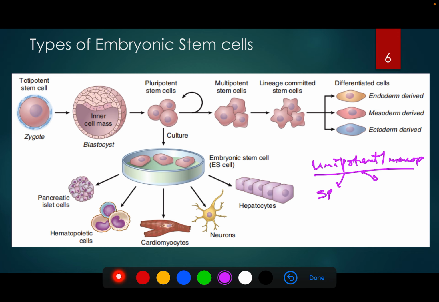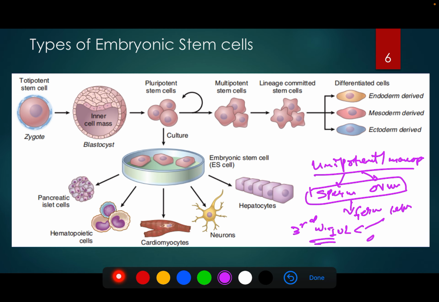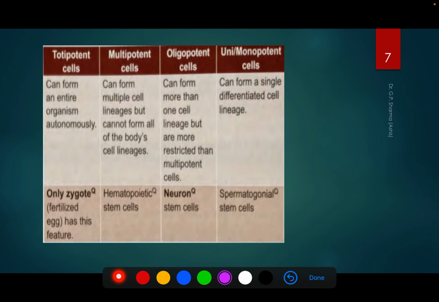Example, sperm and ovum. That means these are the germ cells. What are those? Germ cells. The germ cells appear at the 3rd week of intrauterine life. This is a question in the exam. Is that okay? So these are the types of my embryonic stem cells.